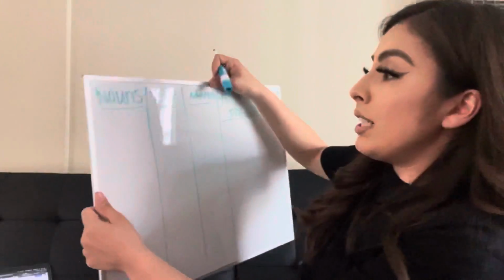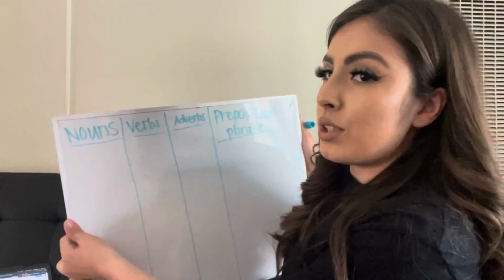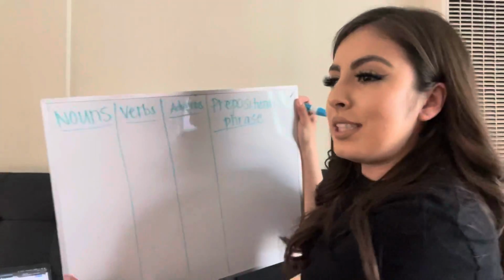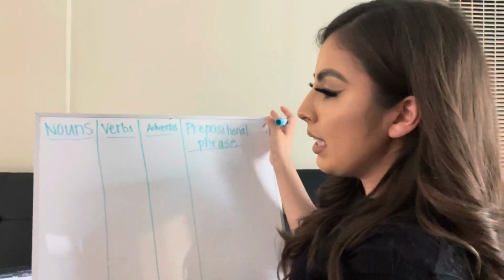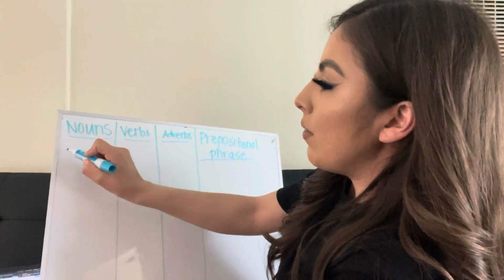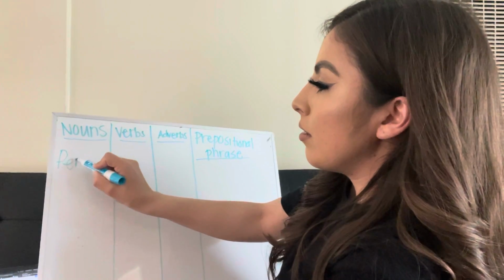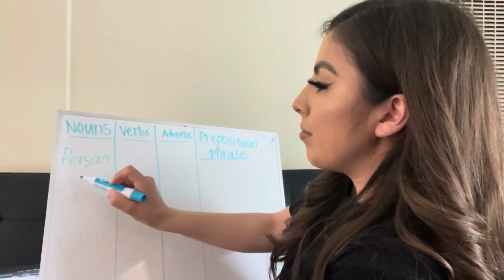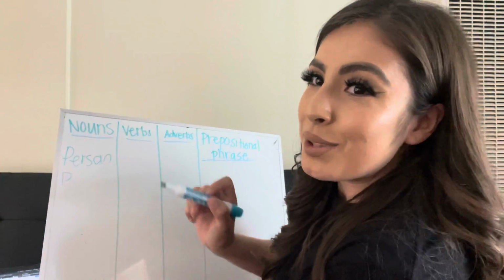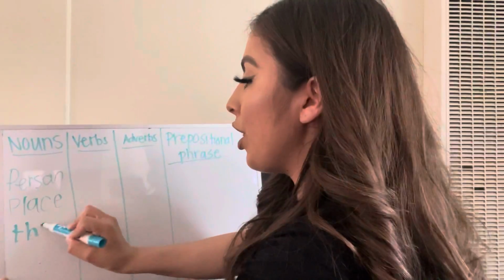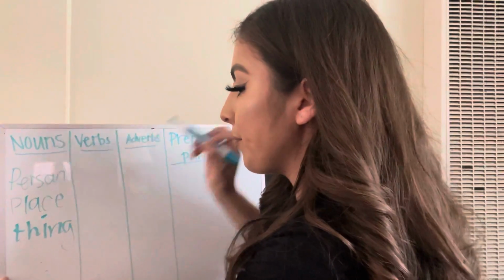So, nouns. A noun is and can be described as a person, right? So let me just go ahead and hold it for all of you to see. I'll make sure that you can see. So it can be described as a person, or a thing, right?